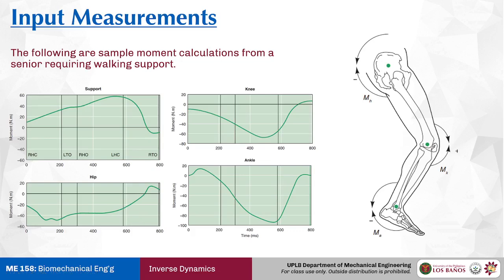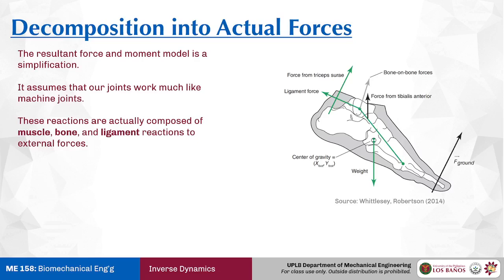Now this is all well and good, but this kind of modeling assumes that our bodies work the same way as machines, that we have motors installed at our joints, which is not the case. We do have quote unquote motors, but they're spread along the lengths of our body segments.